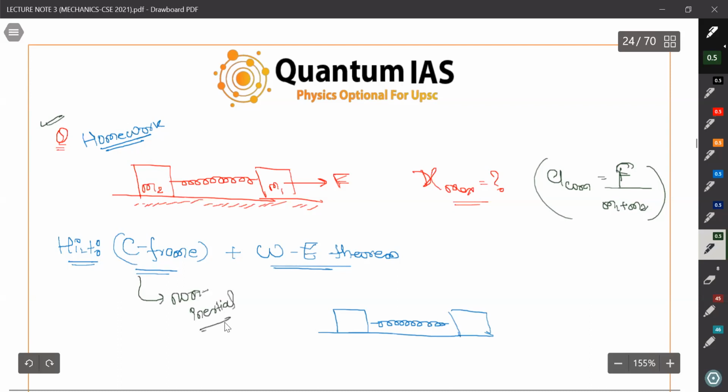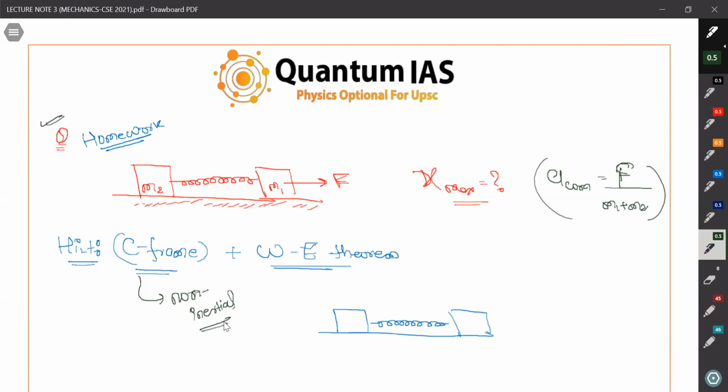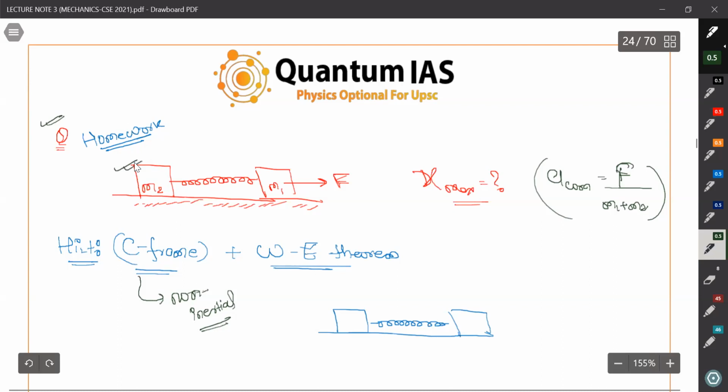What I'm trying to say is that typically the center of mass frame is inertial when we study collision, but when the whole system is accelerating, when the center of mass itself is accelerating, the frame is non-inertial in nature, still it is helpful to solve certain types of problems. So try to solve this problem. We will discuss it when we are discussing pseudo forces, right?